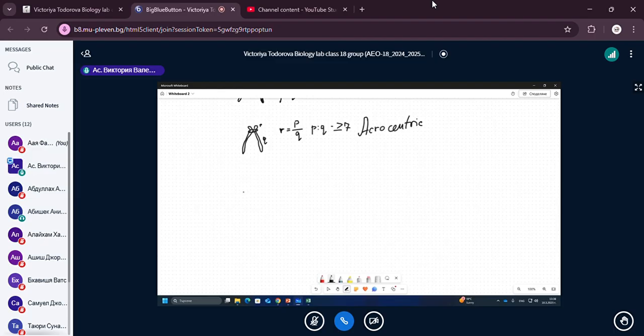They are without short arms, so they look something like this, and they have just two Q arms, and we call them L. But remember that there is no such chromosome in a normal karyotype, and we continue with the next point, the classification of chromosomes.